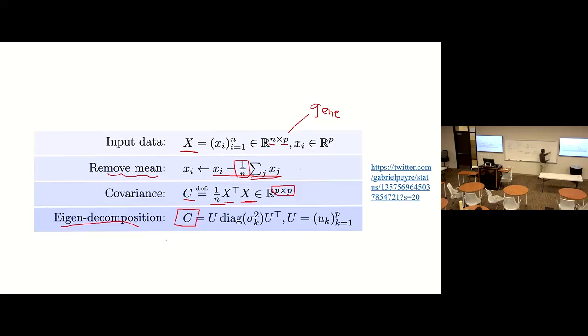Then you have to make this correct in order to reconstruct the covariance matrix. Basically you decompose it using this eigen decomposition, and then this is your rotation matrix you want to get.